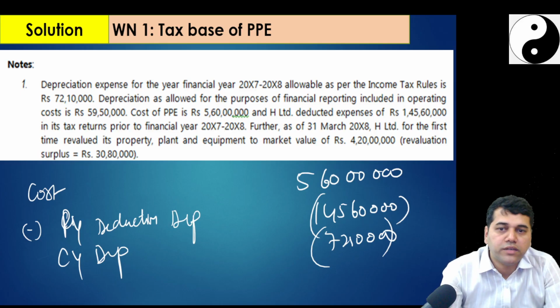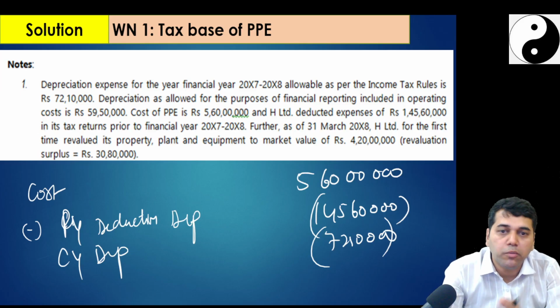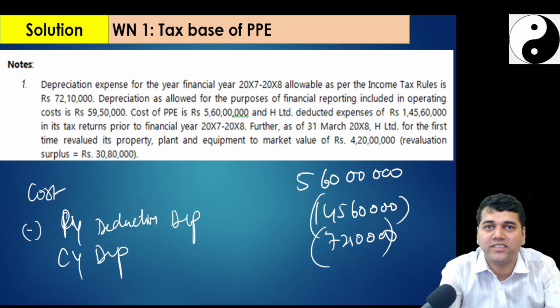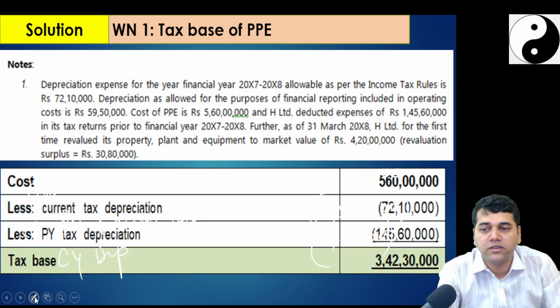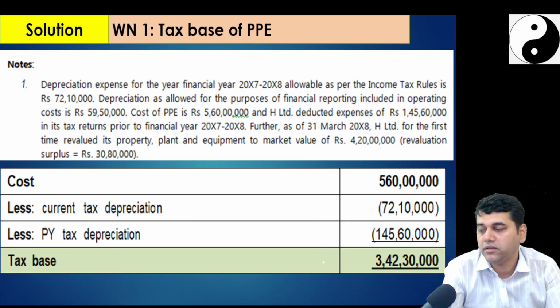Since I don't know what it is, I will assume that it must be your depreciation. Now tell me, what about this revaluation? No. Why? Because it is not tax deductible. So my tax base comes to 3 crore 42 lakhs 30,000. Are you clear?